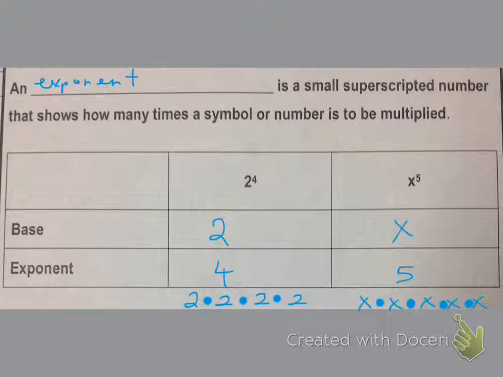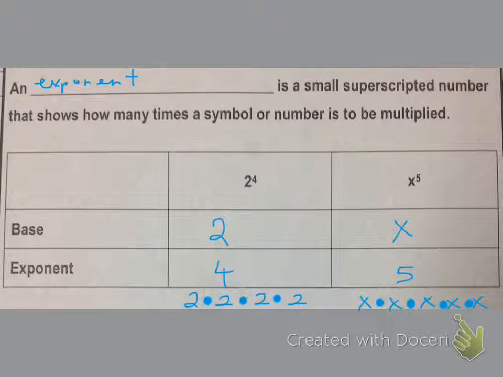What does 5x represent? 5 times x. But what does that really represent? I just showed you what it is when multiplied: 1, 2, 3, 4, 5, all being multiplied. That's x to the 5th power.